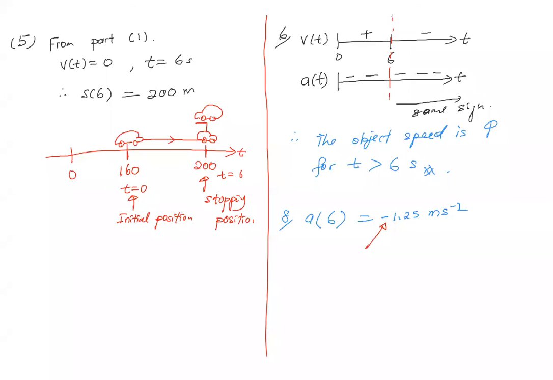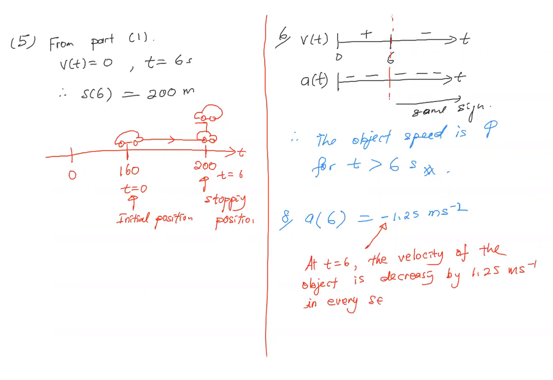So I can also ask you to interpret: at t equal to 6, the velocity of the object is decreasing by 1.25 meter per second in every second. I can interpret like that.